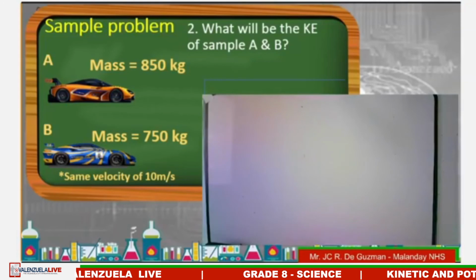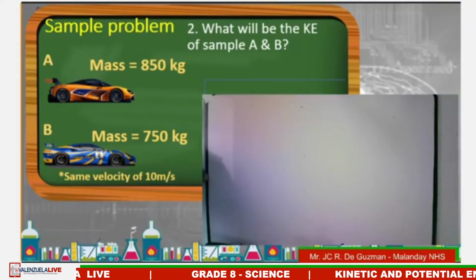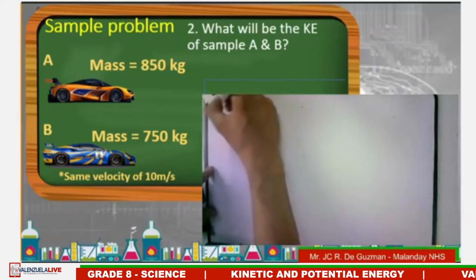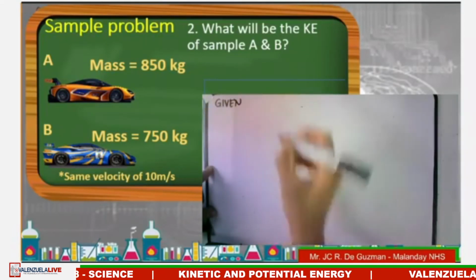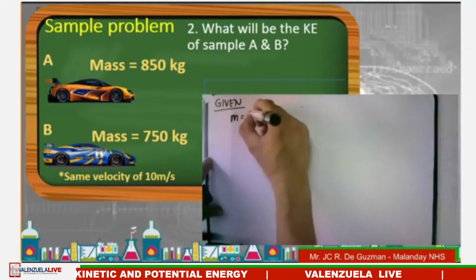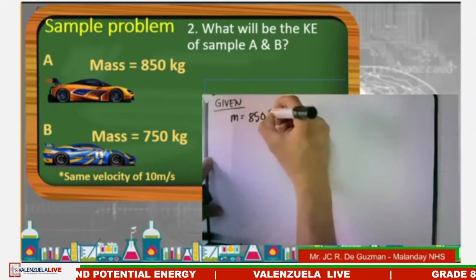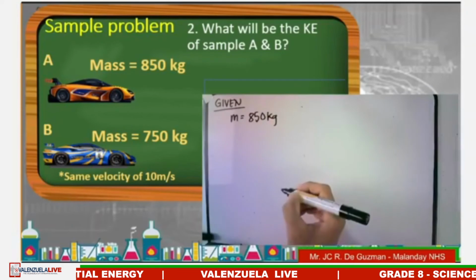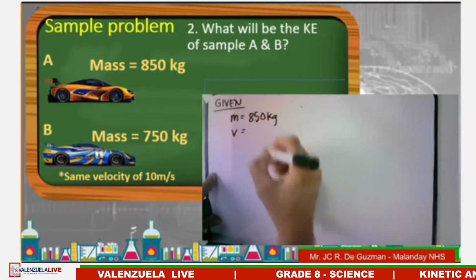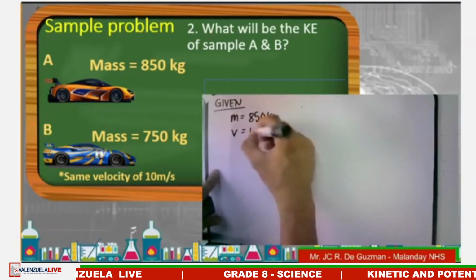So the question is, what will be the kinetic energy of sample A and B? So for the given, we have the mass of the first one, which is 850 kilograms. And then the velocity is equal to 10 meters per second.